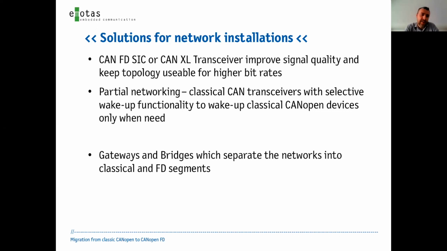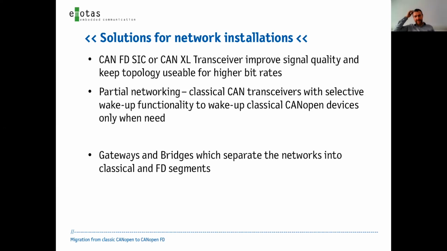And you could do partial networking, and there are transceivers with selective wake-up functionality. You could wake up the CANopen devices only if needed, but again, you will have to have a host controller in the network which is able to speak both classical CANopen and CANopen FD.